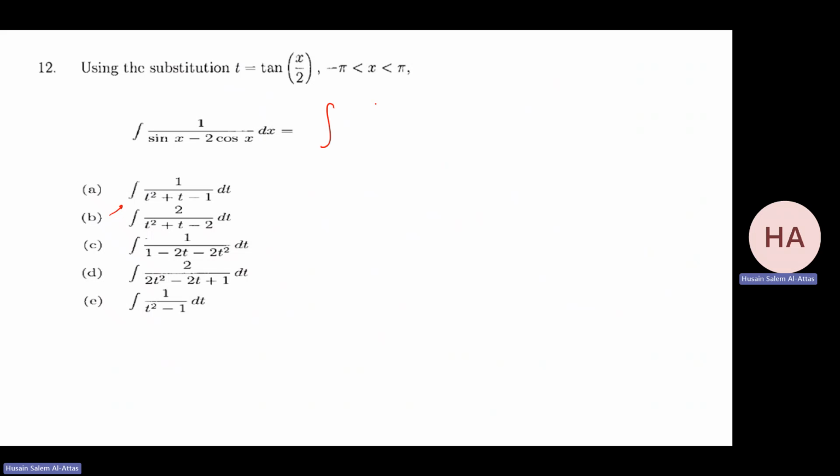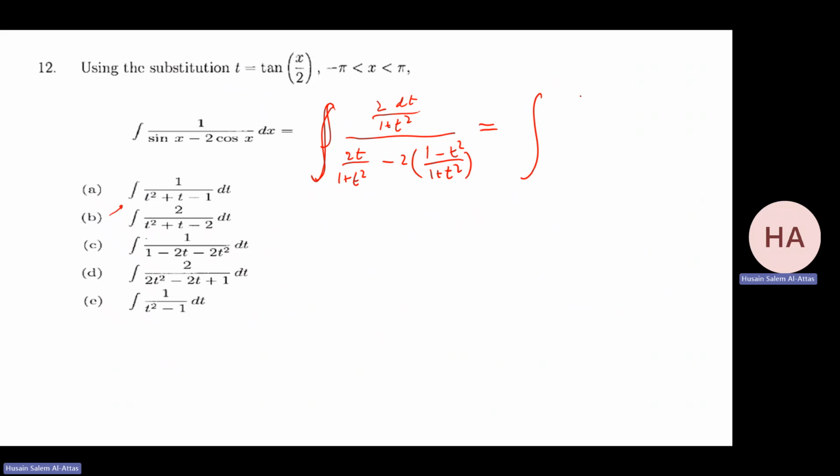That will be 2 dt over 1 plus t squared, over sine x, which is 2t over 1 plus t squared minus 2 times 1 minus t squared over 1 plus t squared.